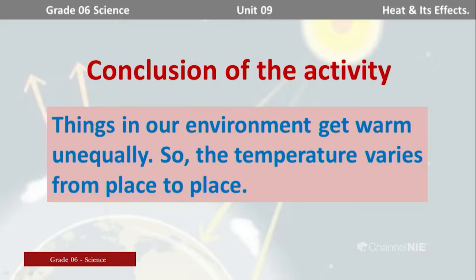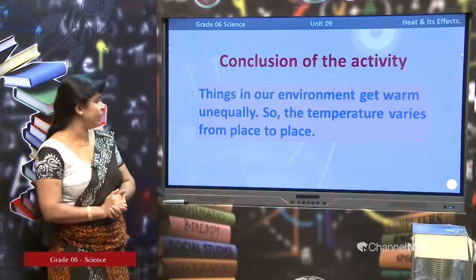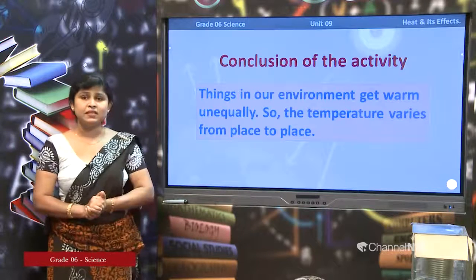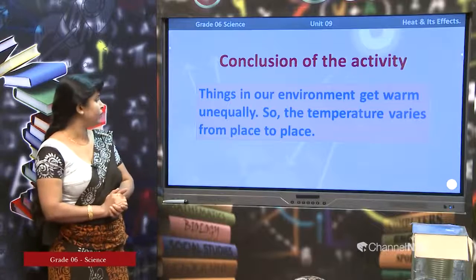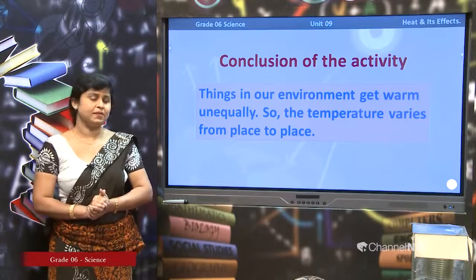So the temperature varies from place to place. A very important thing: the things in our environment get warm unequally. They do not get warm equally. So the temperature varies. Varies means changes according to the place. It changes from place to place.